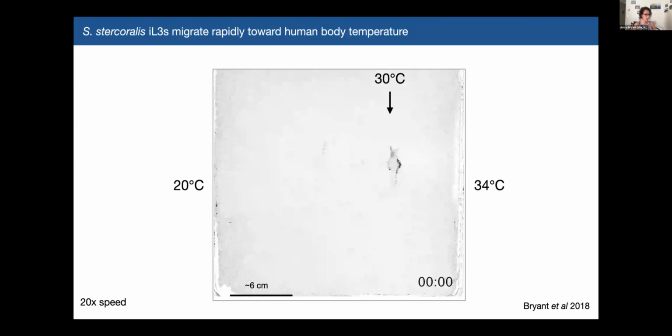Because it's so close to Halloween, I thought I might show you a creepy video of the parasites engaging in temperature-driven host seeking. You're going to see about 1,000 IL-3s crawling on a linear thermal gradient that ranges from 20 degrees, below ambient, to 34, which is about the temperature of human skin. Each IL-3 is 0.5 millimeter long. It's going to look like a black dot.